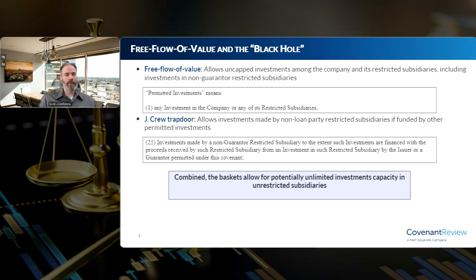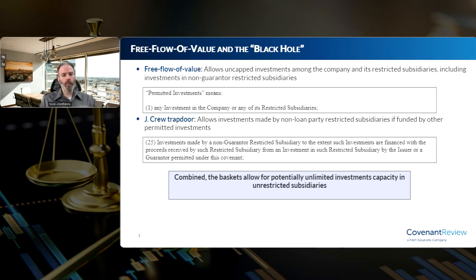And then step 2, under this permitted investments clause 25, which is the J.Crew trapdoor, any non-guarantor restricted sub is allowed to pass through any investment made in that into an unrestricted subsidiary. So you put those two together, and that means in two-step transactions, an unlimited amount of assets can flow through from the guarantor group to non-guarantor restricted subsidiaries, then to unrestricted subsidiaries.